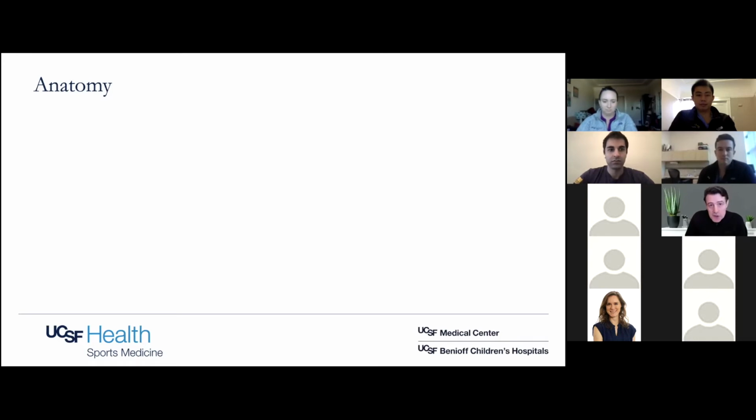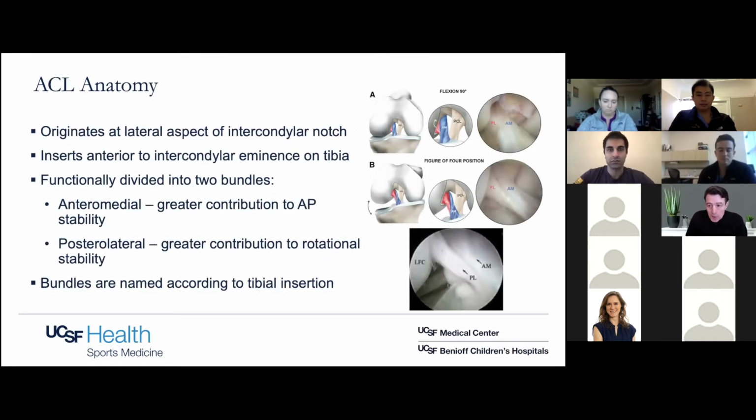I think there are some key issues around ACL anatomy. You guys should be pretty up on the anatomy, but you've got to remember there are two bundles, and the bundles are named according to their tibial insertions. Generally, remember the anteromedial bundle controls AP stability more, and the posterolateral bundle is the key one for rotational stability.